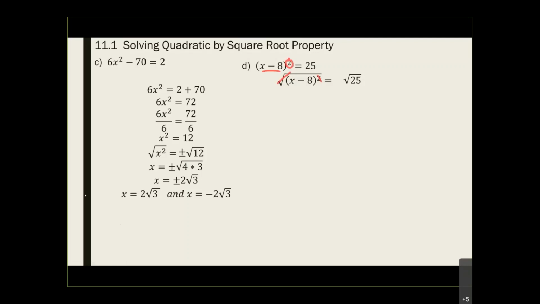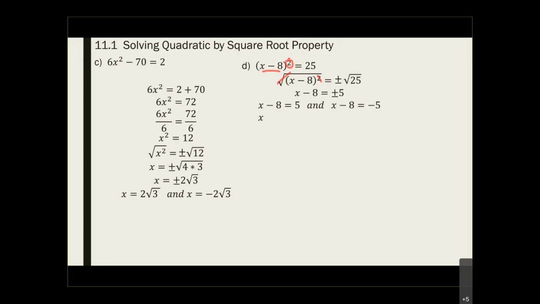But before I cancel them out, hopefully you guys say, hey, Mr. Tran, I'm missing the plus and minus symbol, right? You have to have that plus or minus symbol. So I have x minus a equal to plus or minus 5. Basically, you set up one of them equal to a positive and one of them equal to a negative: x minus a equal to 5, and x minus a equal to negative 5.